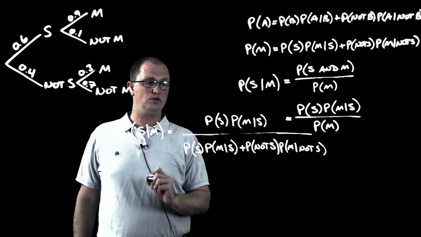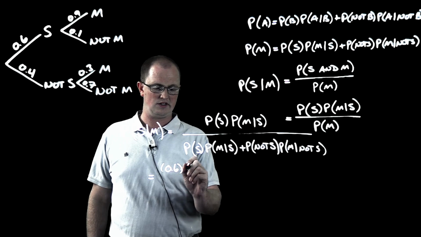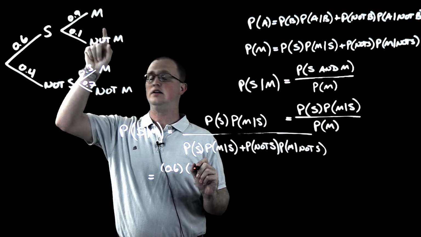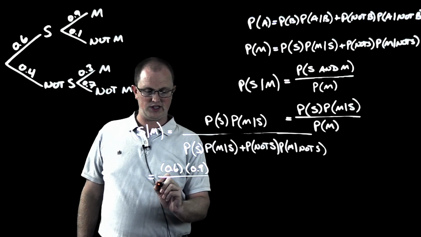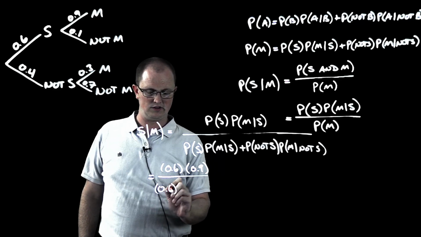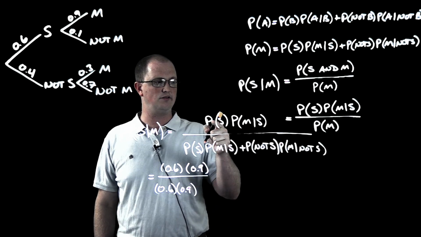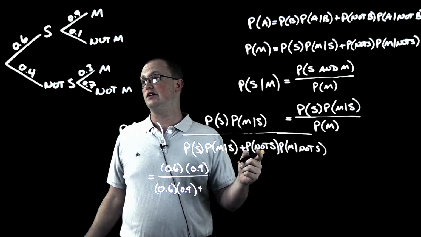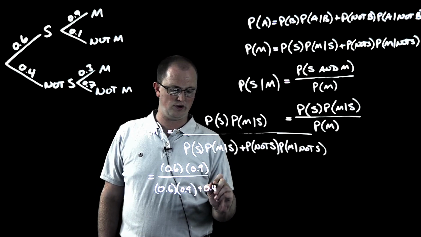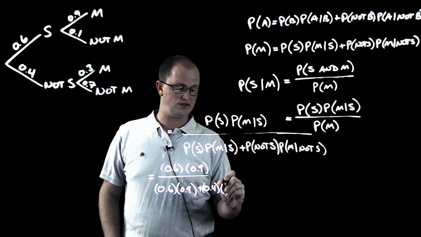So this is equal to 0.6 times 0.9 divided by 0.6 times 0.9. You'll notice that this is the same statement as here. This is always going to happen. Plus the probability of not S, so that's 0.4, times the probability of M given not S, so that's 0.3.